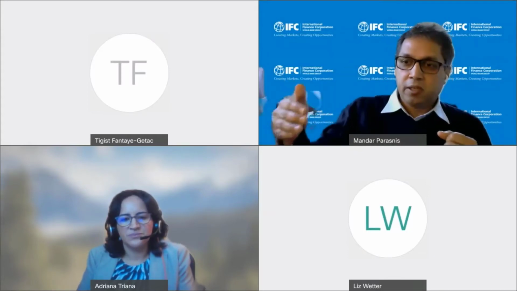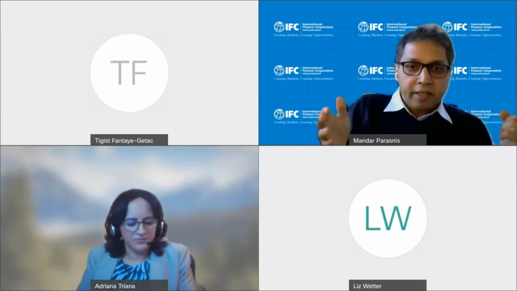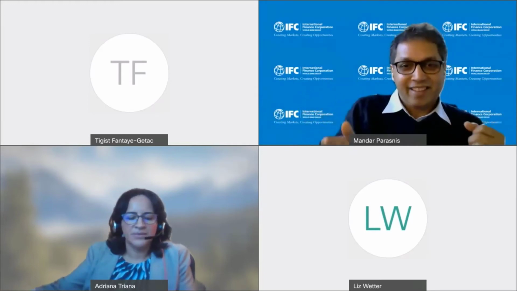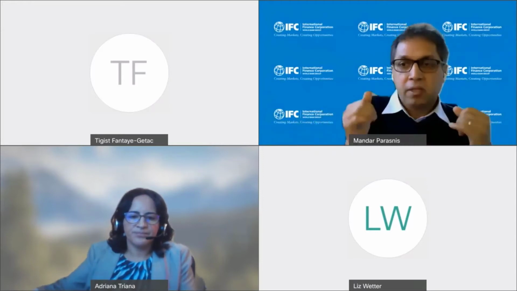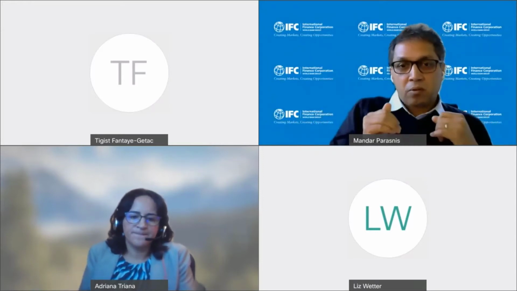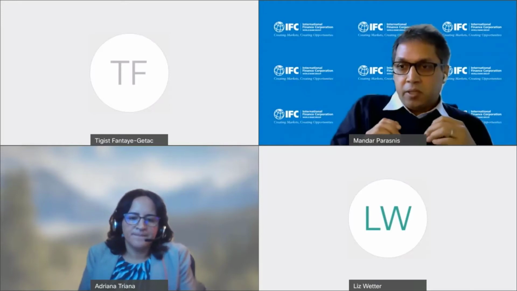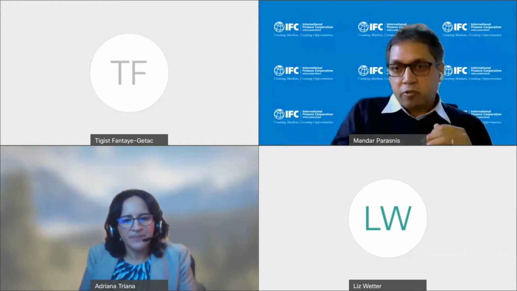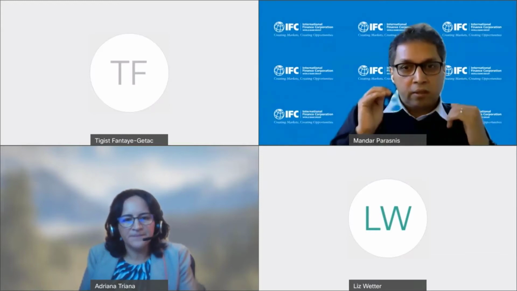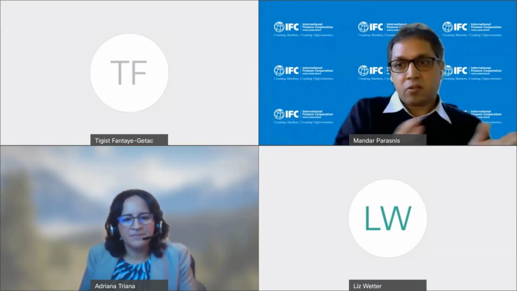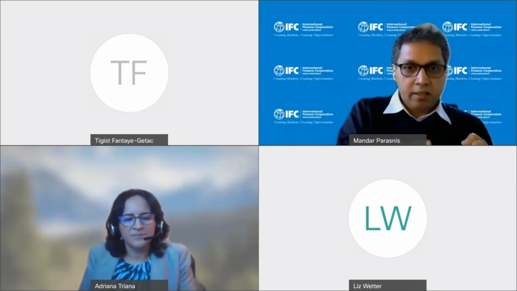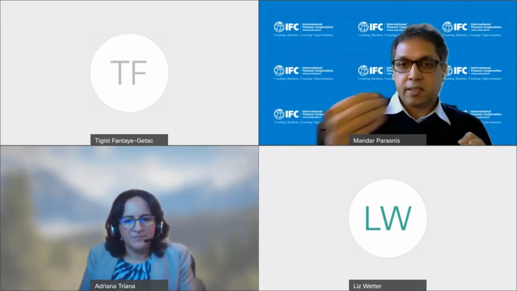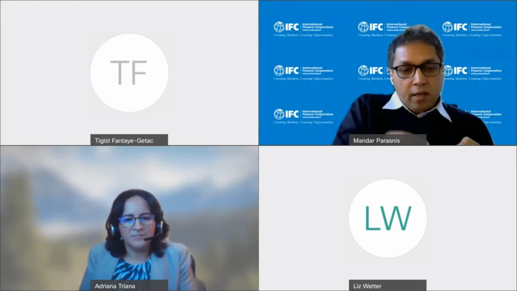If you are discharging in a very, very ecologically sensitive area, in a very polluted river or whatever, then you have to take into account those limits. So whether to require a wastewater treatment plant or not, vis-a-vis IFC guidelines or vis-a-vis local requirements, first it has to be determined by the ESIA studies, baseline studies, and modeling studies.